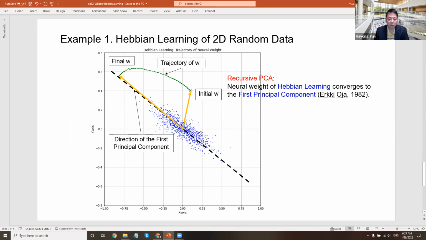If you sprinkle random data points here, and you initially had a weight here, with just one neuron, and you simulate, and I'll show you in a minute how you do it, eventually this omega, the W, will point here, where the cloud has its largest variation direction. It will actually point to this cloud.